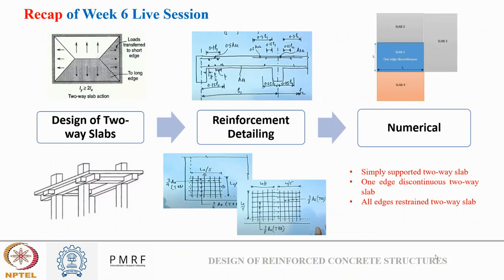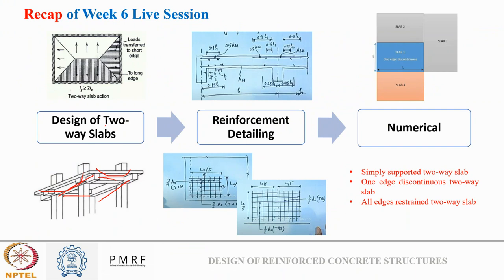So, in the last live session of mine, we talked about design of two-way slabs. What are these? Which span along both shorter and longer side, and thus need support along all the sides. As you can see in this image, there are supports along all the sides, since the slab can span along this side also and this side also. Such slabs are known as two-way slabs.